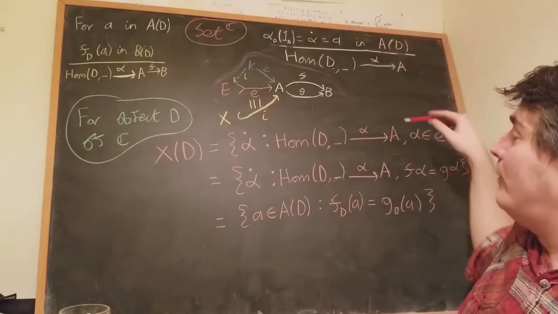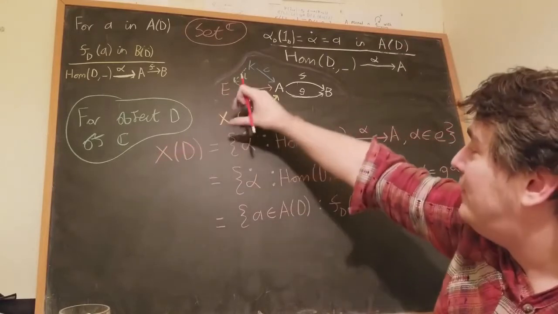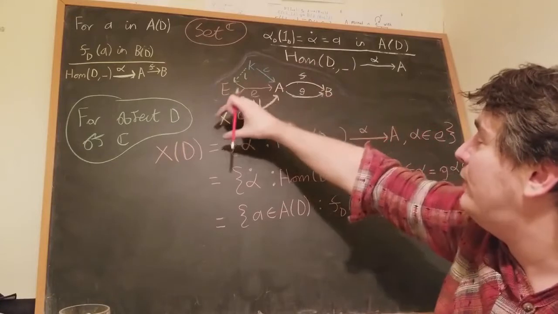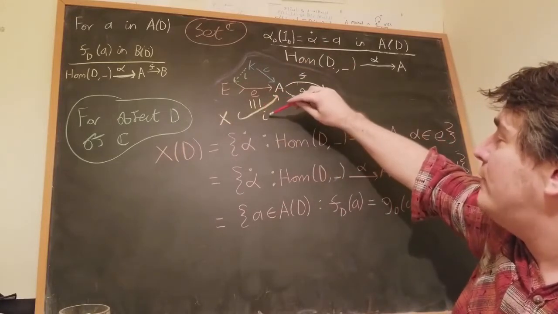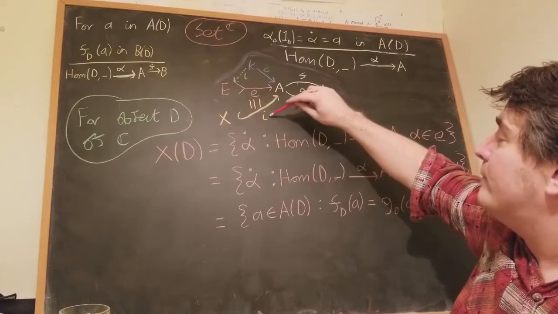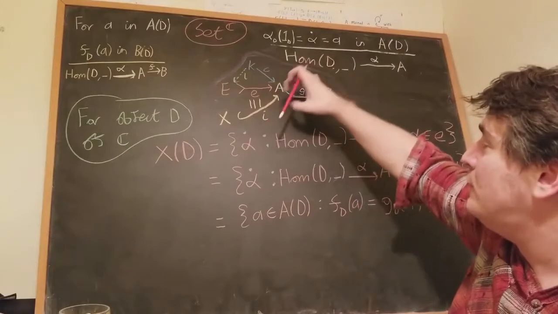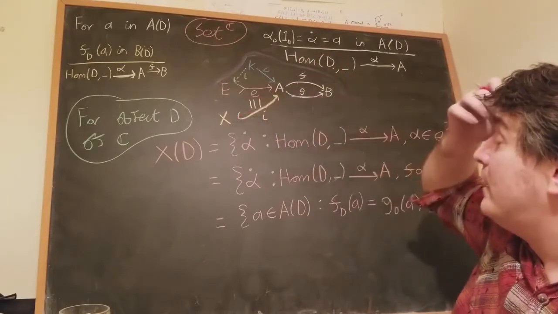And I've already argued that when we represent this monic as this inclusion monic, it's just this natural transformation I here that has each of its components as an inclusion function, and X here.